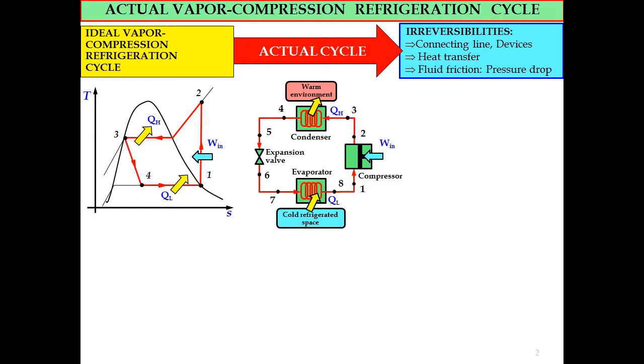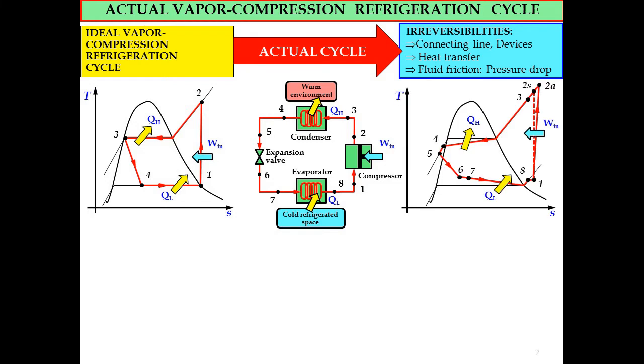If we look at the schematic diagram, previously in the ideal vapor compression refrigeration cycle we only considered 4 states. Now, because we consider irreversibilities in the devices and in the connecting lines, we will use 8 states as shown in the schematic diagram, from state 1 until state 8.